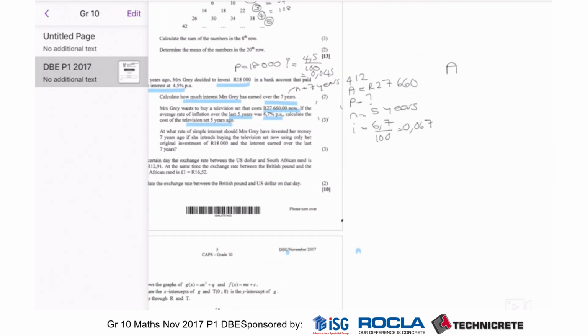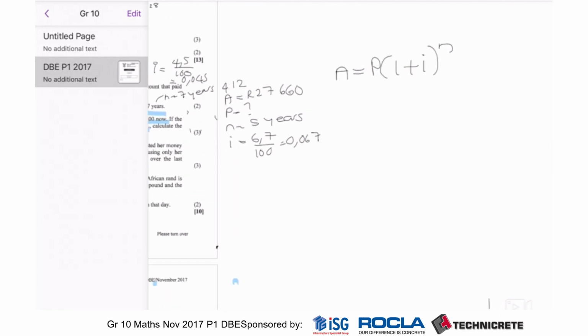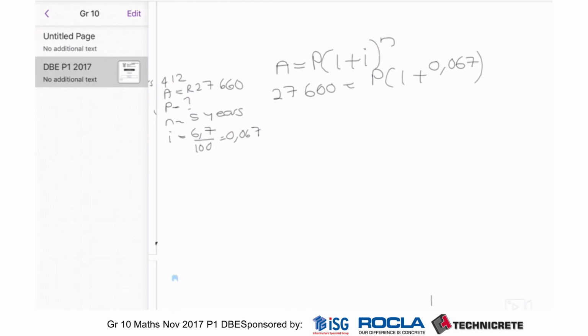So the formula: A is equal to P times (1 plus i) to the power of n. My A is 27,660. My P is what I'm finding, times (1 plus 0.067) to the power of 5. Simple.